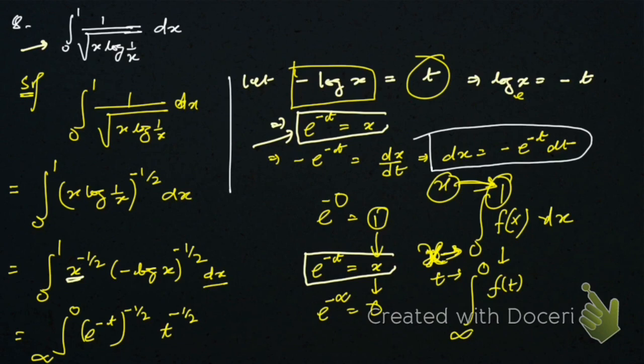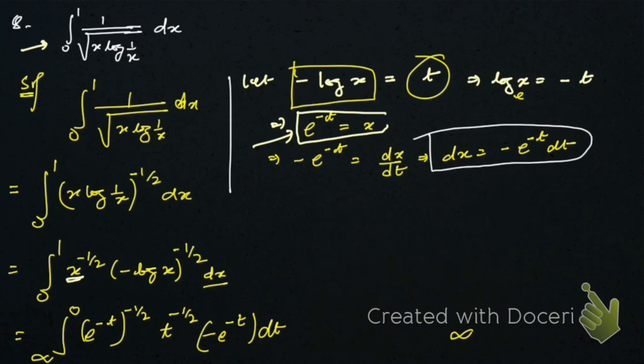Okay, so we can write minus e to the power minus t, then dt. That is what we're going to have, right? So now let me clean these things.